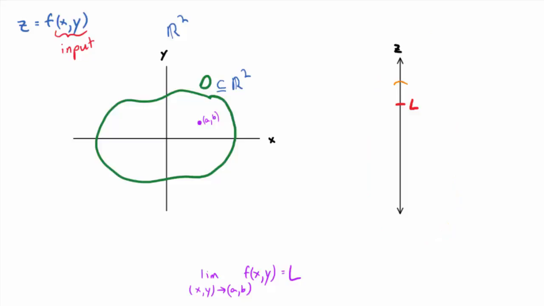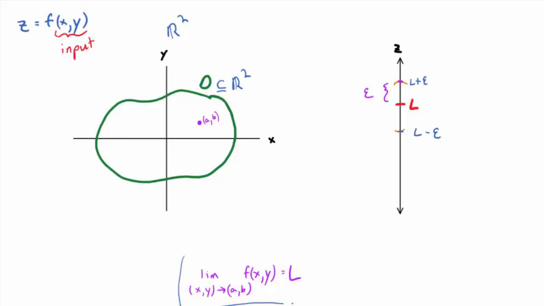Let's say that distance is epsilon. Then this value would be L plus epsilon on this number line. And down here, you could think of this value right here as being L minus epsilon.